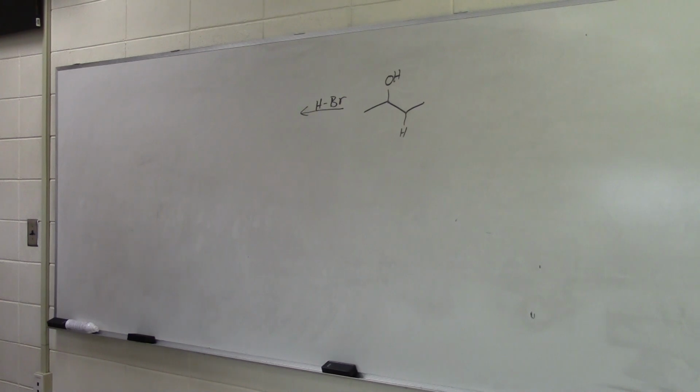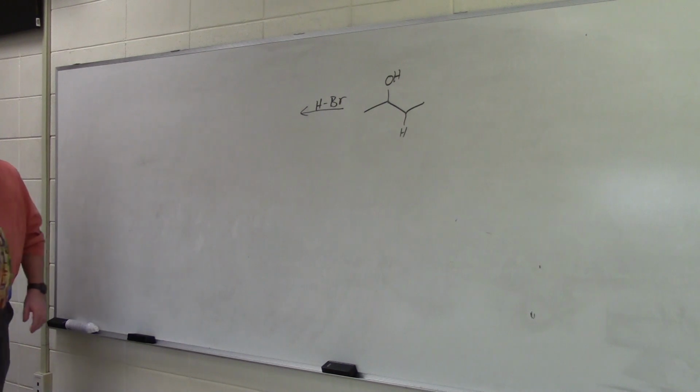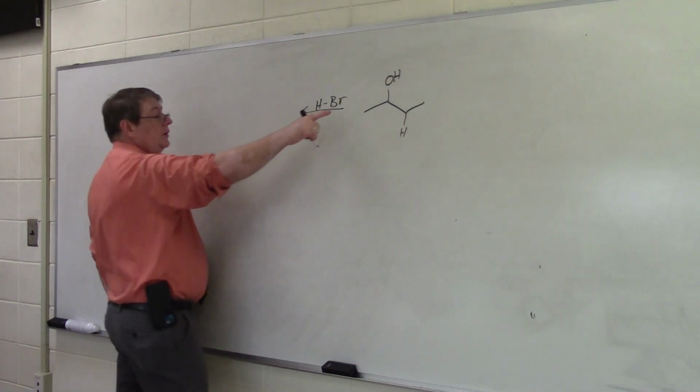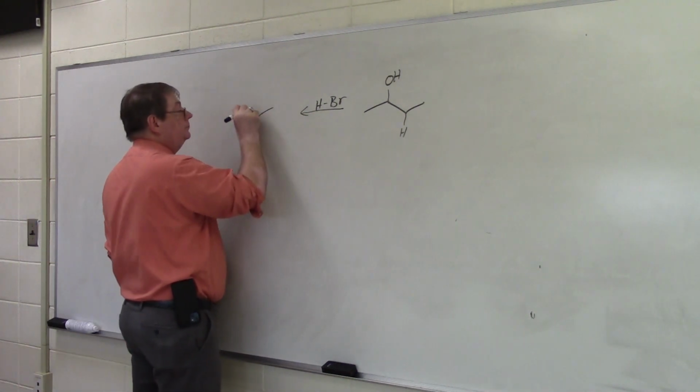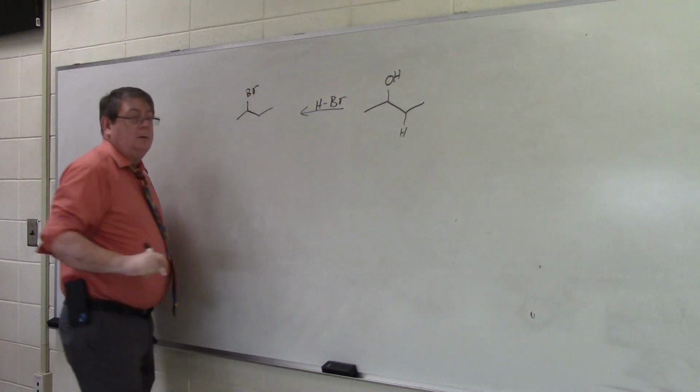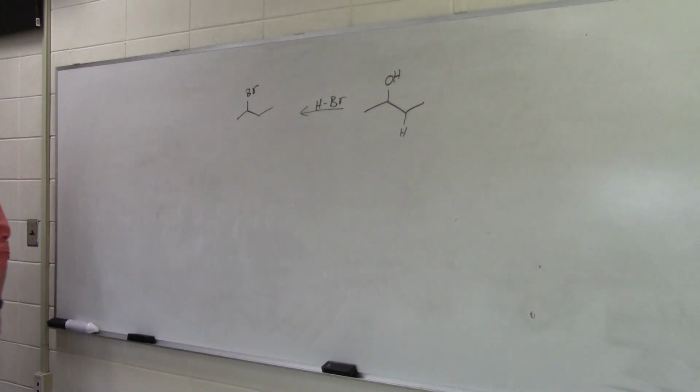We get into some chapter 8 stuff there, where we were talking about alcohols. What I'm going to do is convert the alcohol into a halogen. Remember, we learned that we can convert alcohols into a lot of different things.